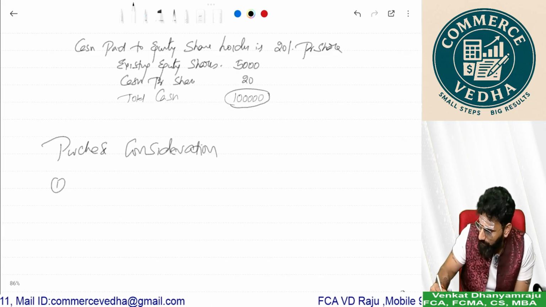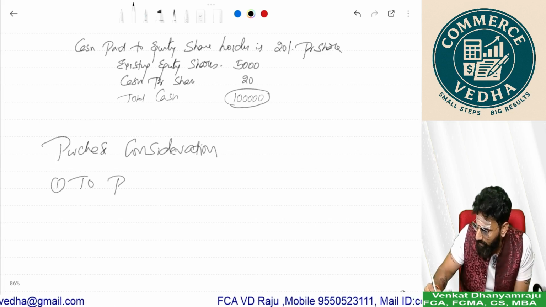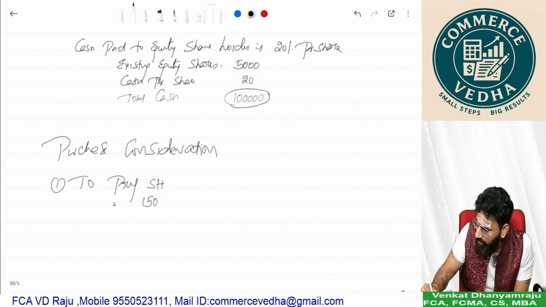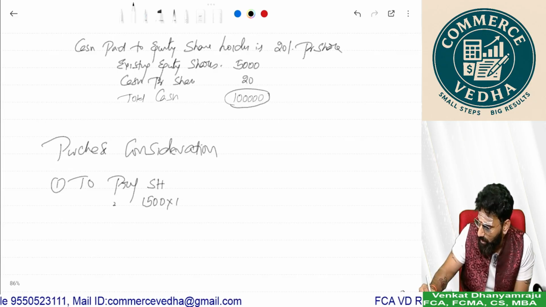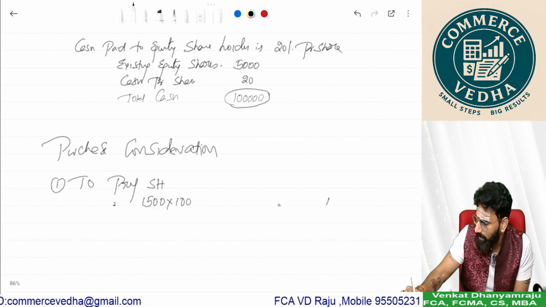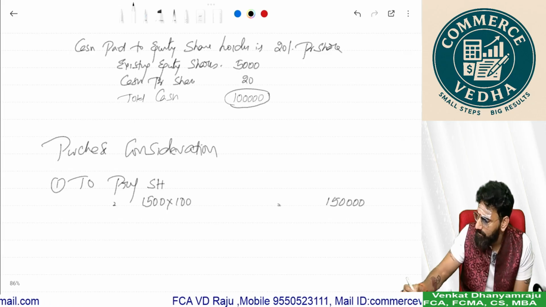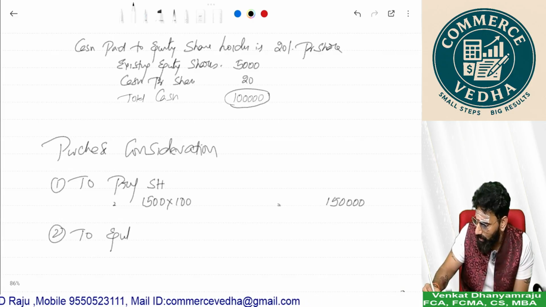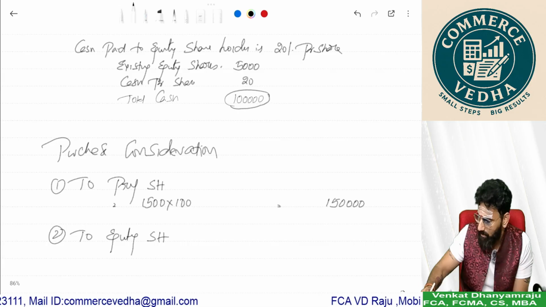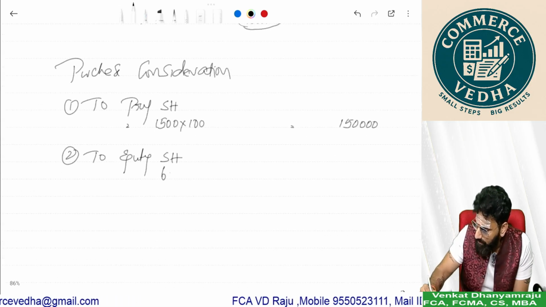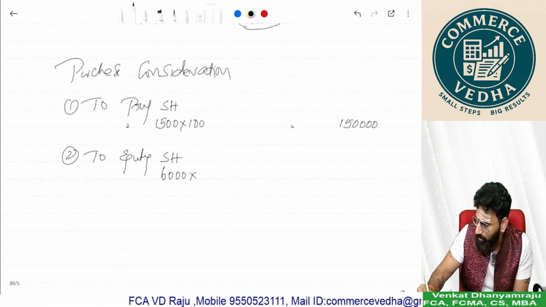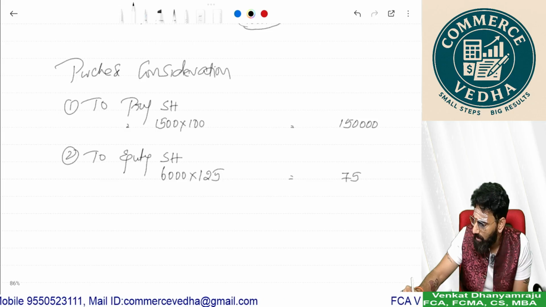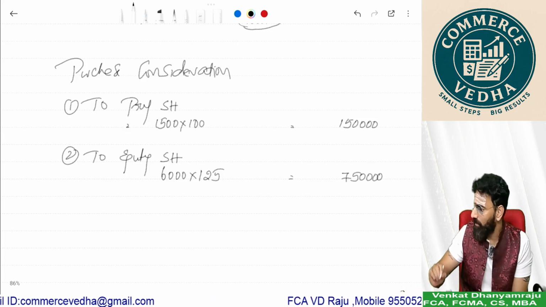Number one, to preference shareholders, 1,500 preference shares into 100, 1,50,000. Then two, to equity shareholders, 6,000 equity shares into 125 per share, which is 7,50,000.